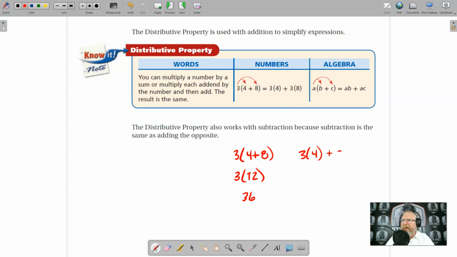And we're going to have 3 times 8. Now, 3 times 4 is 12, plus 3 times 8 is 24, and 12 plus 24 is the exact same 36. So you can see here that the distributive property does hold true. Instead of adding these together and then multiplying by 3, instead we can distribute the 3 to the 4 and the 3 to the 8.